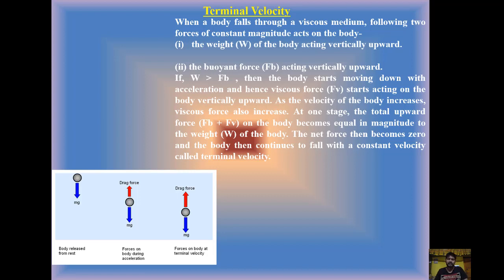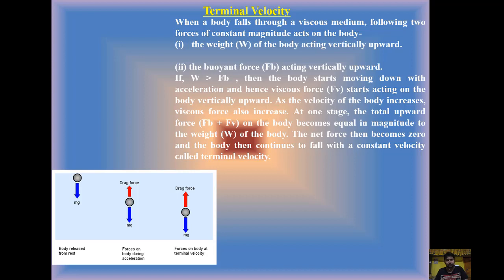As the weight of the body is greater than the buoyant force, the body starts moving downward with acceleration, and hence a viscous force starts acting on the body, because we already know from Stokes law that when the body moves, there is a viscous force due to the motion of the body within that liquid.